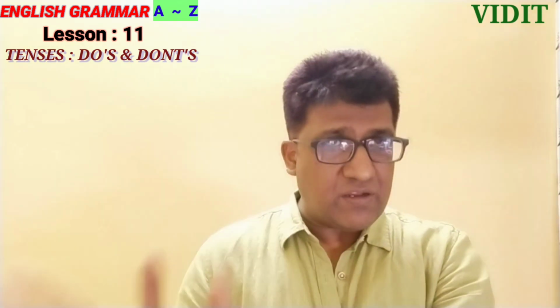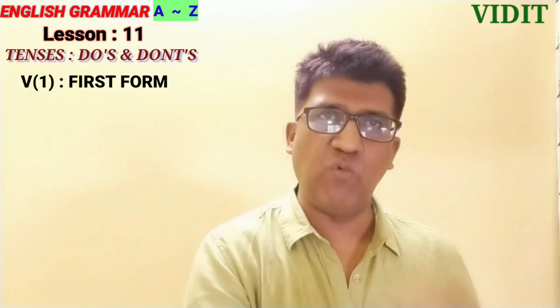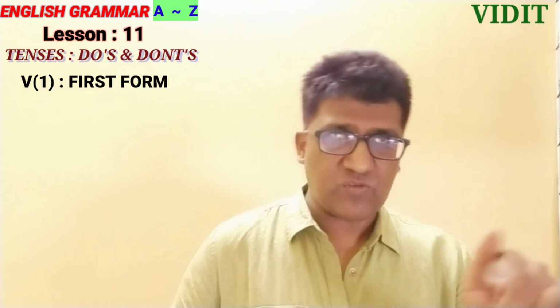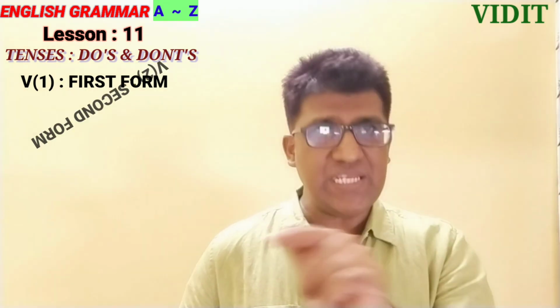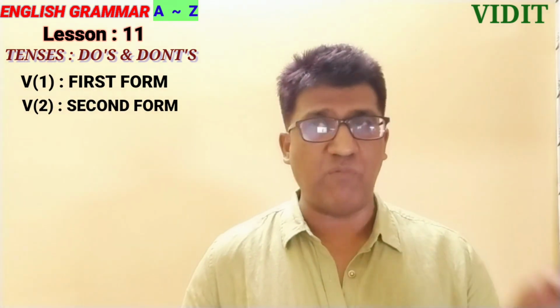So to understand the do's and don'ts of tenses, you are first supposed to understand one thing that I am going to use from this video onwards. That is, I would be using certain symbols, like whenever I write V and in bracket there is 1, it means that is the first form of the verb. V1 is first form of the verb. Similarly, V and then in bracket 2 means it is the second form of the verb.